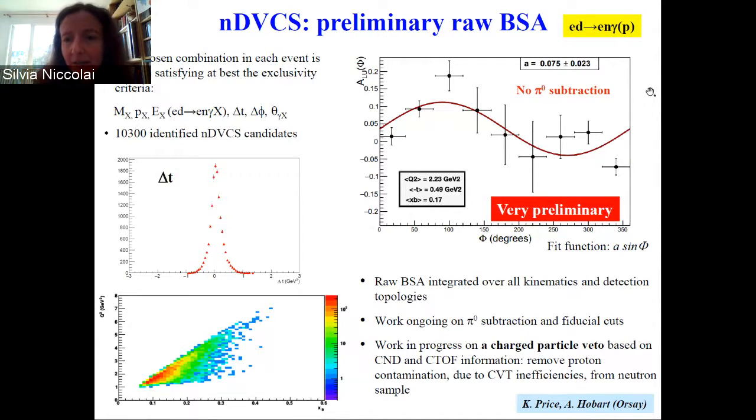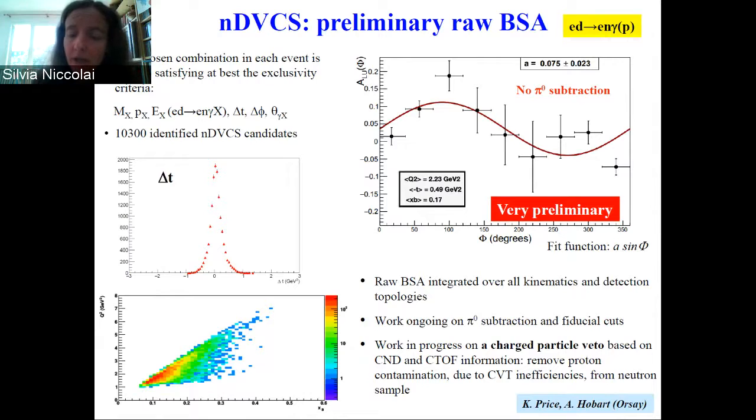And you have here the resulting beam spin asymmetry for NDVCS, integrated over all kinematics, over all detector topology. This is a raw and very preliminary beam spin asymmetry, and there is no pi-zero subtraction, and we are working on this aspect right now.